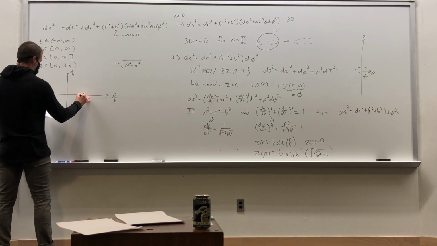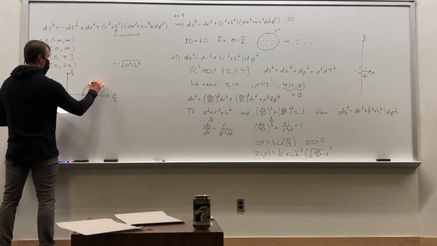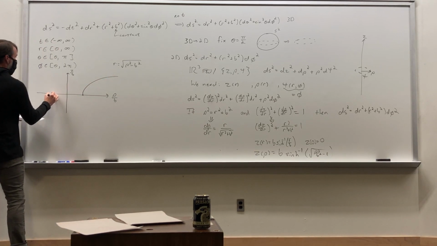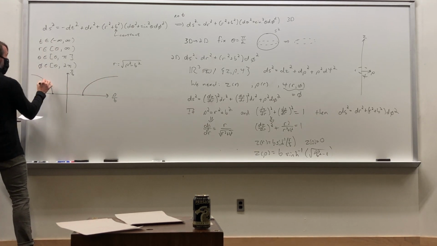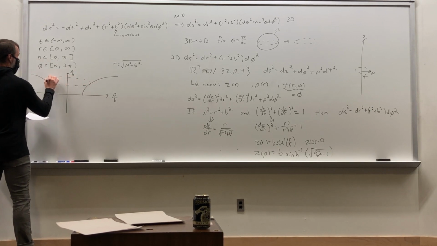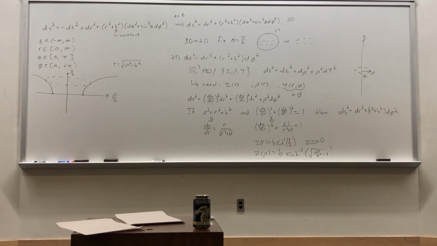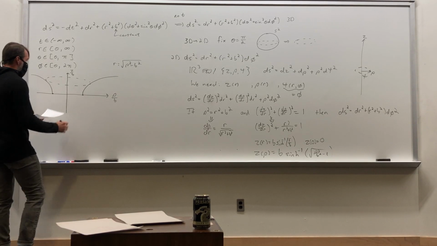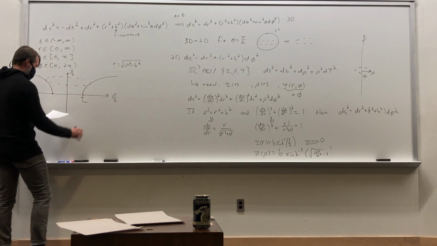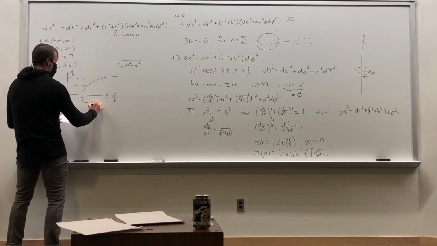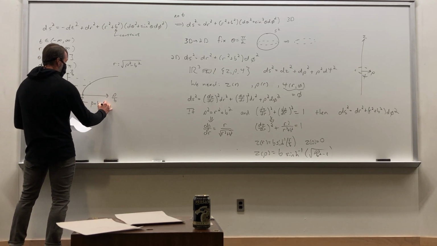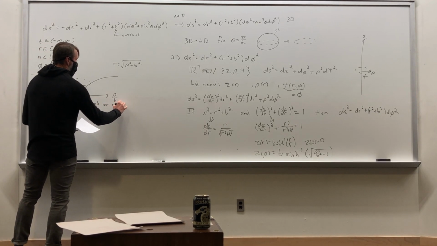So if we plot this, we find the following, where this point is illustrative of either rho equals b or r equals 0.